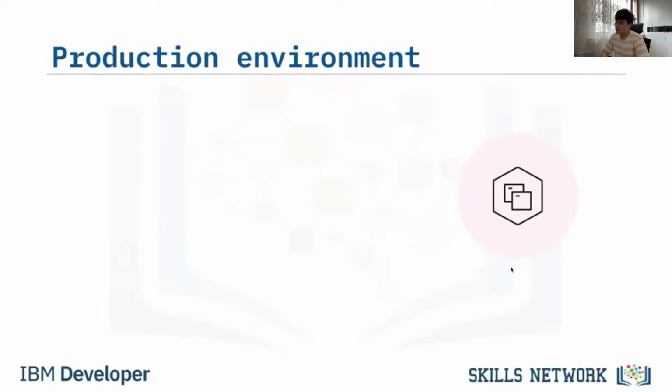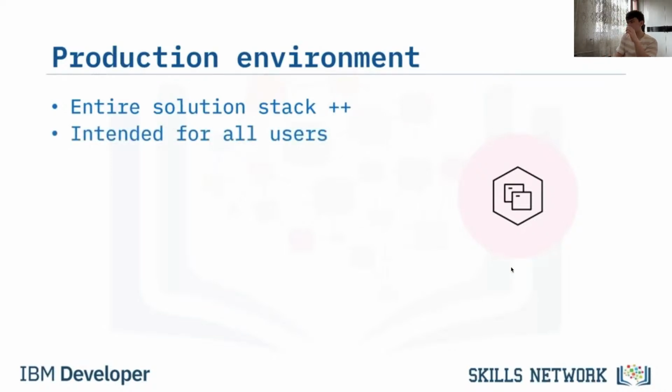Now let's discuss the production environment. The production environment, often just called production, includes the entire solution stack consisting of both hardware and software on which the application runs as additional infrastructure components. The production environment is intended for all users.